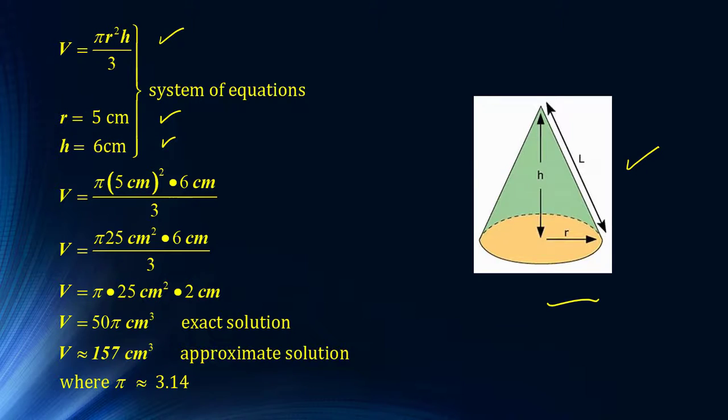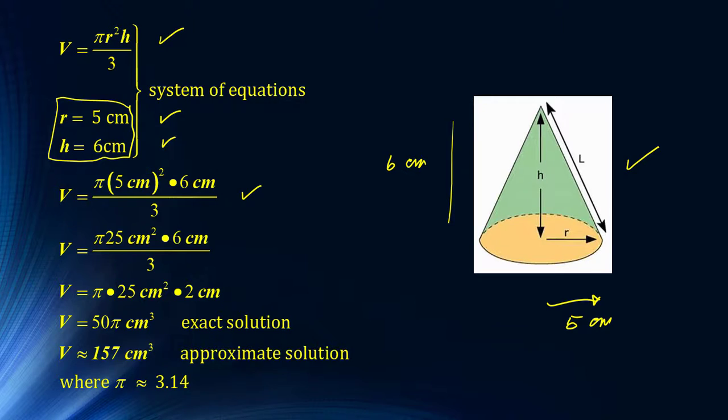So we have r here, which is 5 centimeters, and the height is 6 centimeters. At this point, we'll take this information, the number and the units, and put it into the formula.